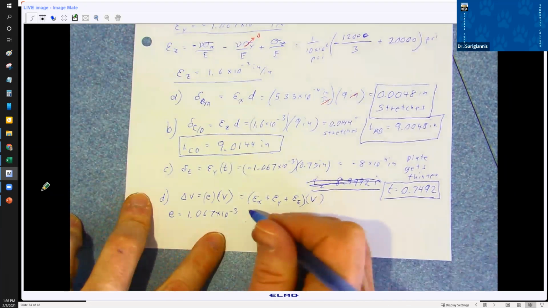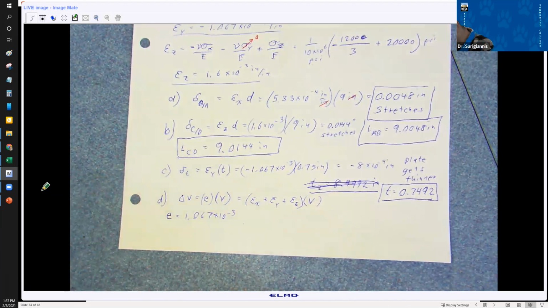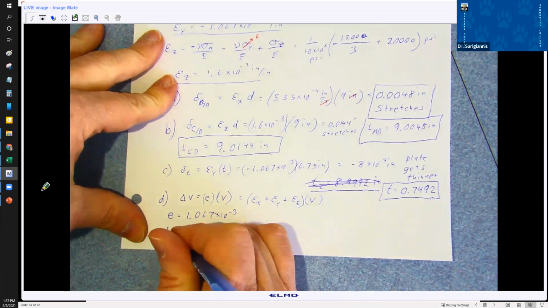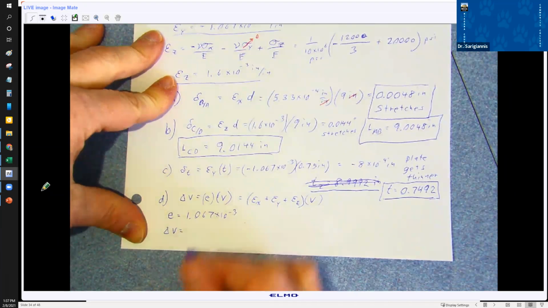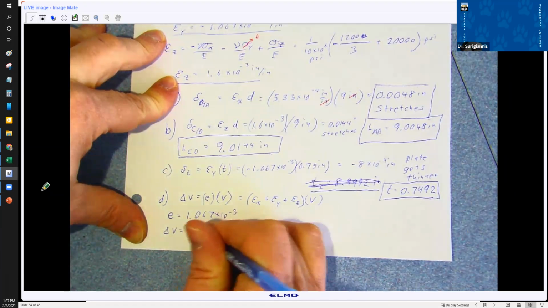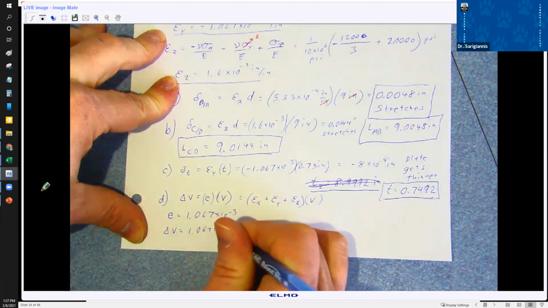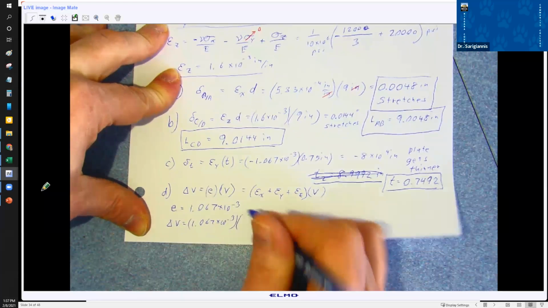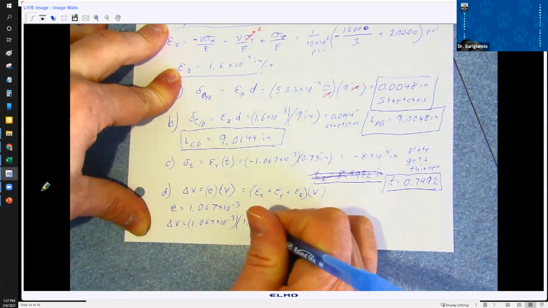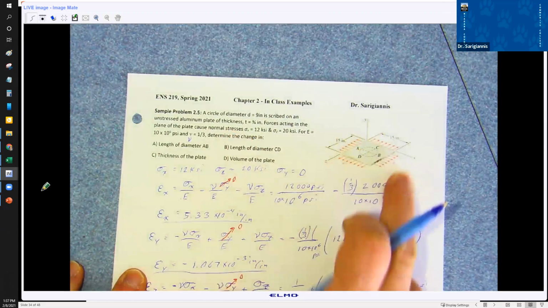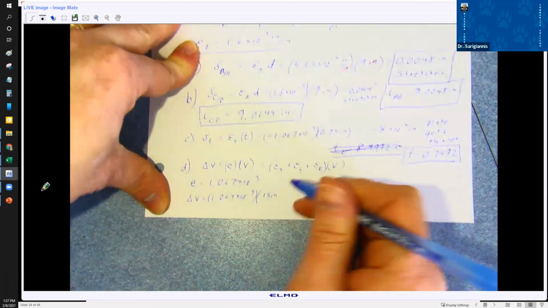So your delta V, if you want to know the actual volume change, is just going to be 1.067 times 10 to the minus third times our volume. Remember, this is the total plate, which is 15 inches by 15 inches by 3/4 inch.